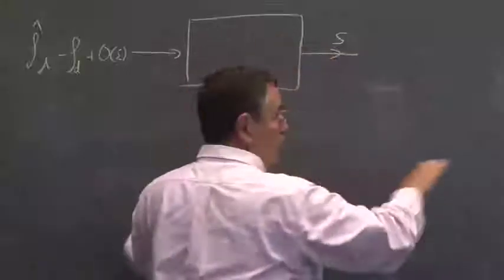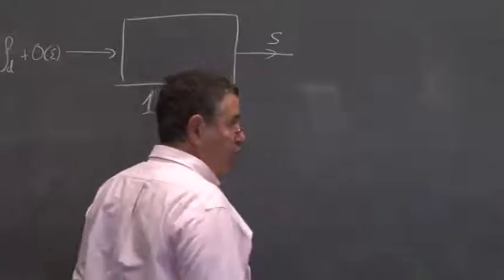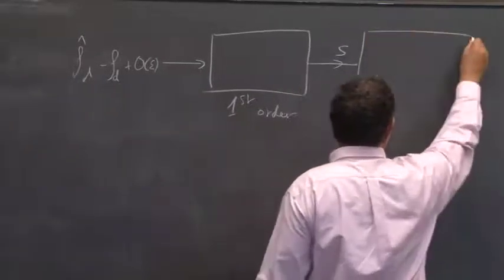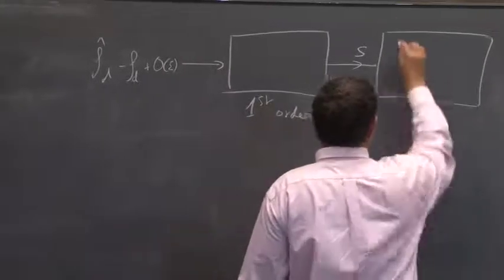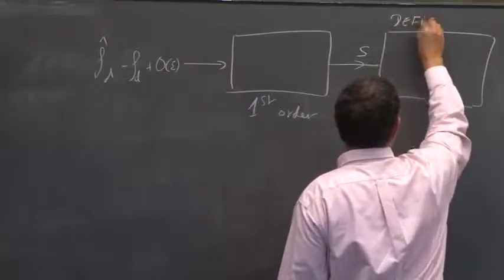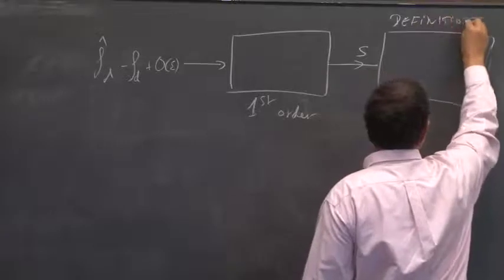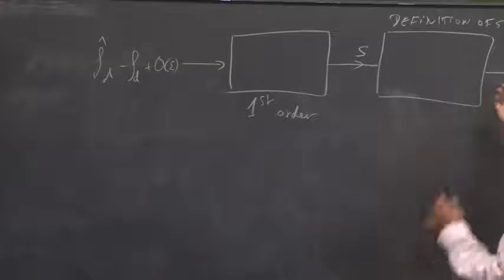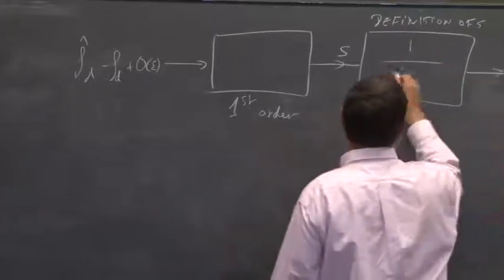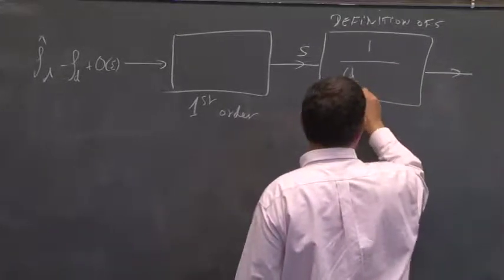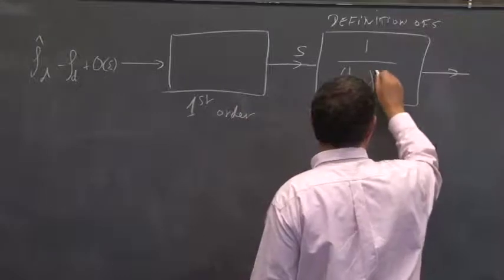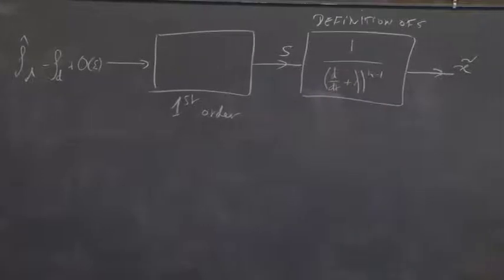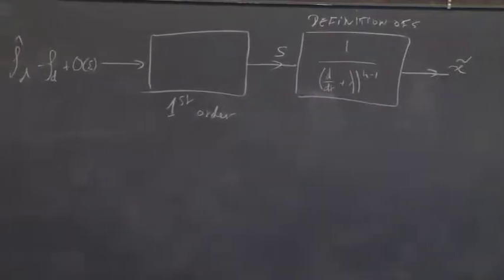And this block here corresponds to this term times S. Now, by definition of S, the relation between S and the tracking error is simply an n minus 1th order linear filter, which gives us x tilde.